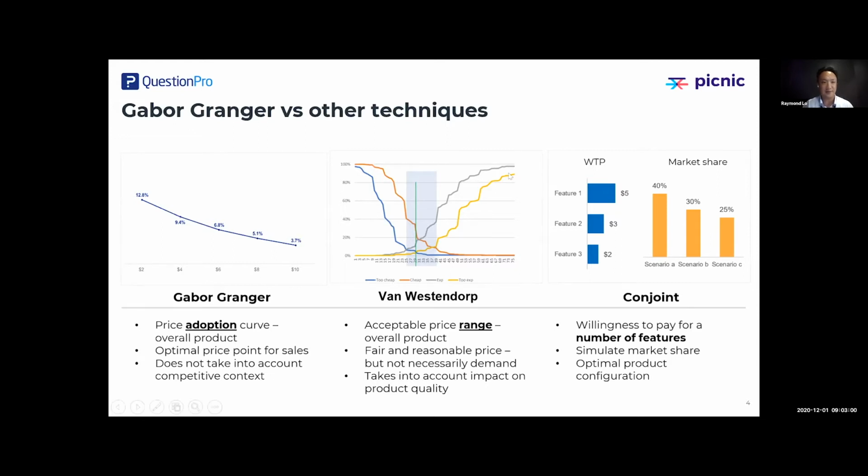So starting from the left, Gabor Granger, quite simply, gives you a price adoption curve for the overall product. So quite simply, as the slide shows, at $4, how many people will buy my product? In this case, it's 9.4%. As I move along the scale, $6, $8, $10, how many will buy our product? Very, very simple, very elegant, but very powerful in helping businesses make decisions.